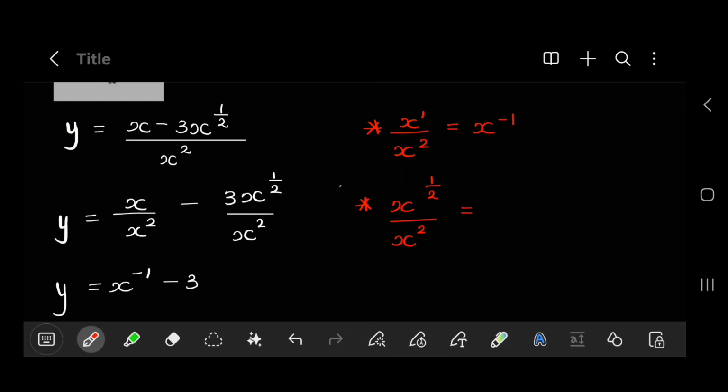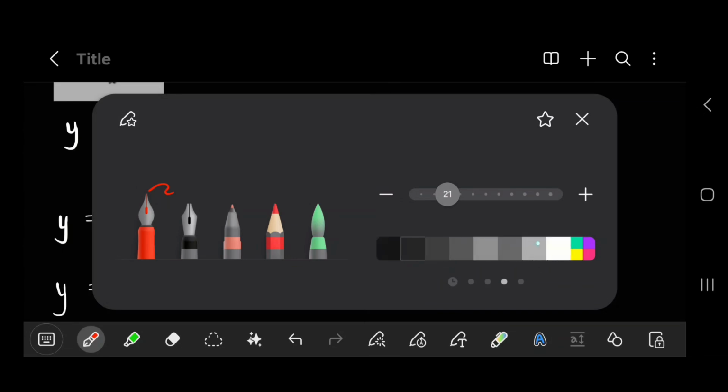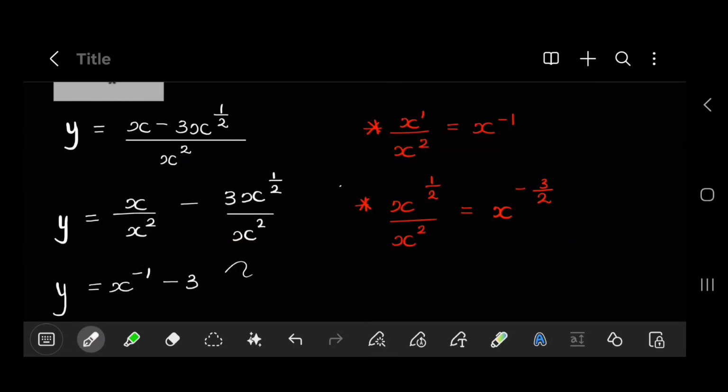Again, it is going to be the top exponent minus the bottom exponent. That is going to be 1 over 2 minus 2, which gives you -3 over 2. So for your second term, you now have -3 x to the power -3 over 2.